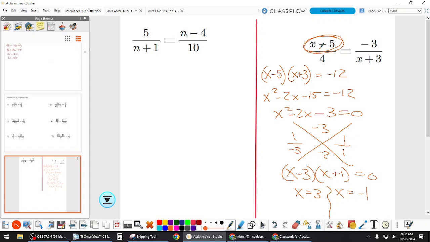No, not necessarily. I'm saying in this problem it wouldn't, but in a different one it might. So that's why we check. But algebraically, these will always work.